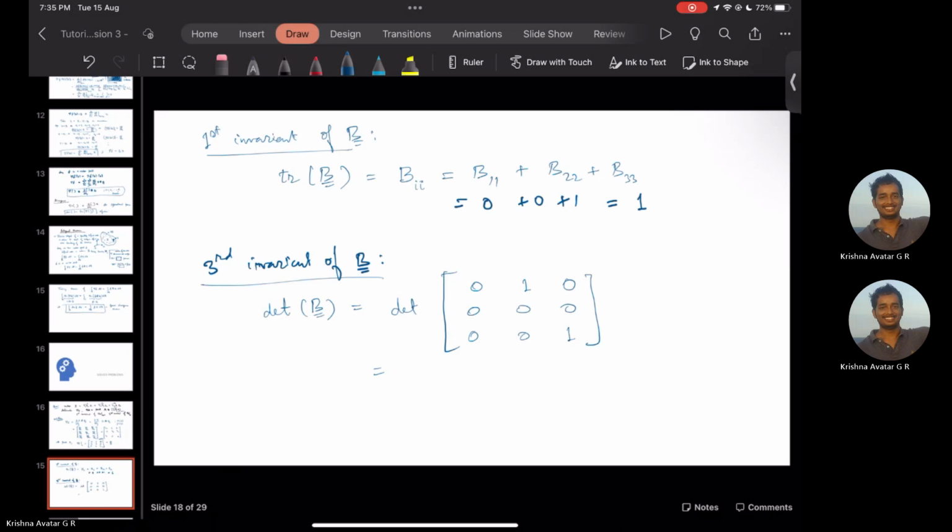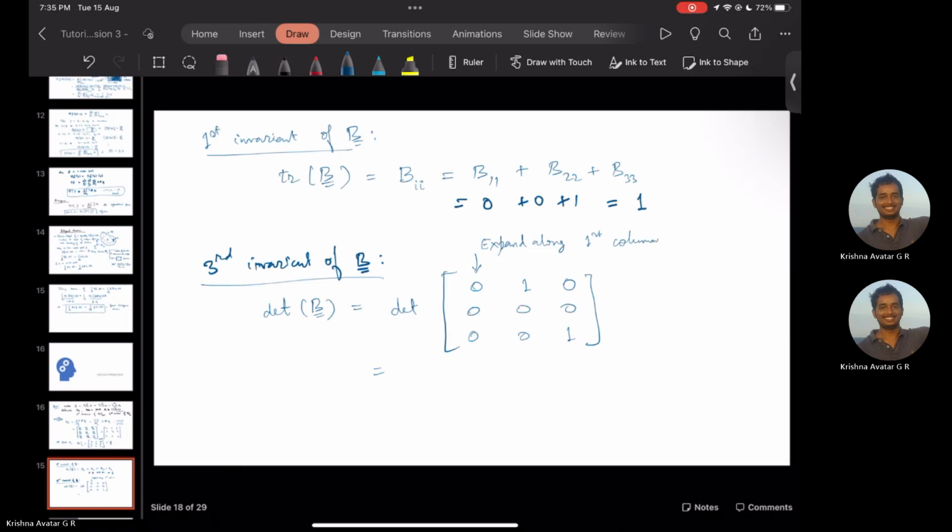Let me expand along the first column. You know that we can do that, right? The trick being that along this column, all the terms are 0.